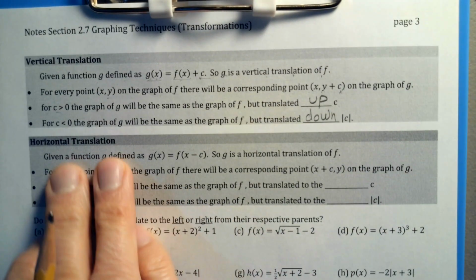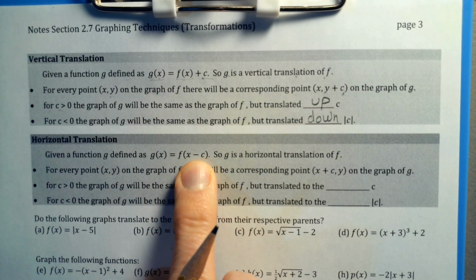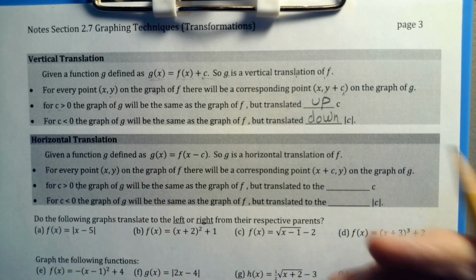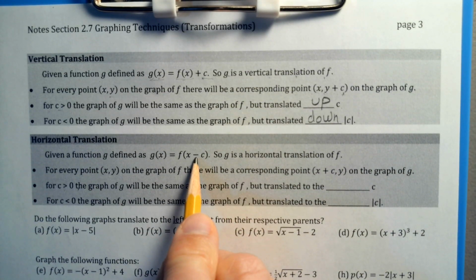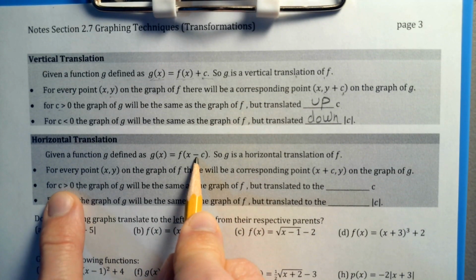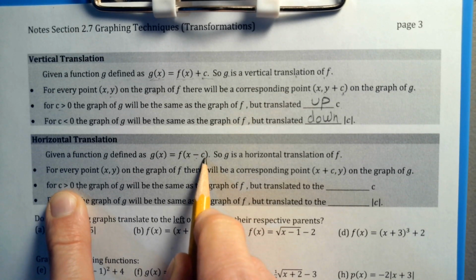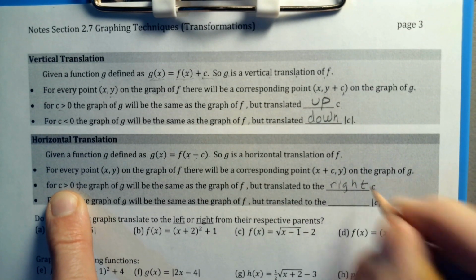All right, and then horizontally, same kind of thing. If we have f of x minus c, and that's going to be a new function g, then let's talk about what happens. If c is greater than 0, then this is going to be a translation. Remember, we have a negative in here, right? So if c is positive, it's x minus a positive number, and that's a translation to the right.